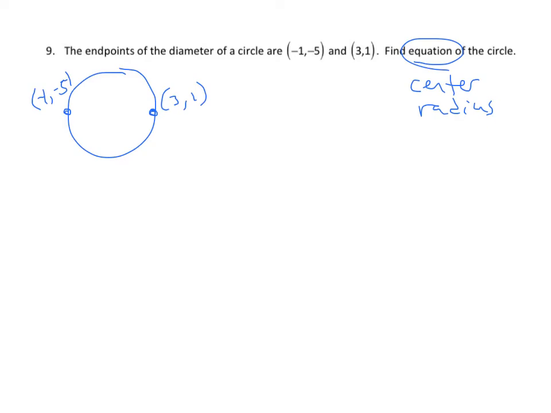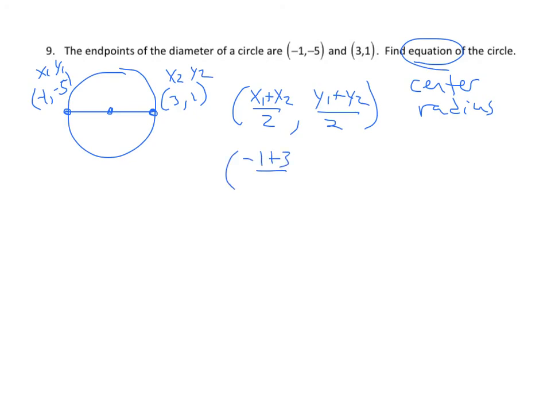And so to find the center of this circle, I would use the midpoint formula because the center is going to be the midpoint of the diameter. So the midpoint formula, we do x1 plus x2 divided by 2 and y1 plus y2 divided by 2. So if we call this x1, y1, x2, y2, and we add the x's, we get -1 plus 3 divided by 2.